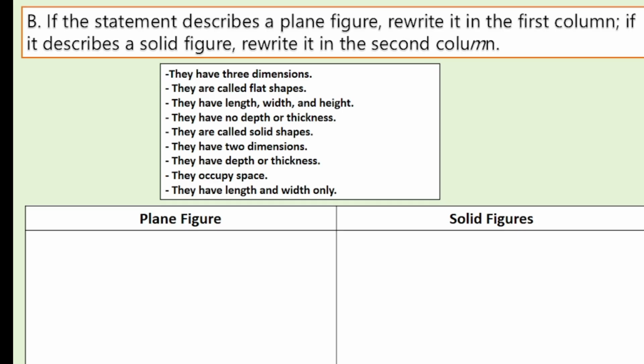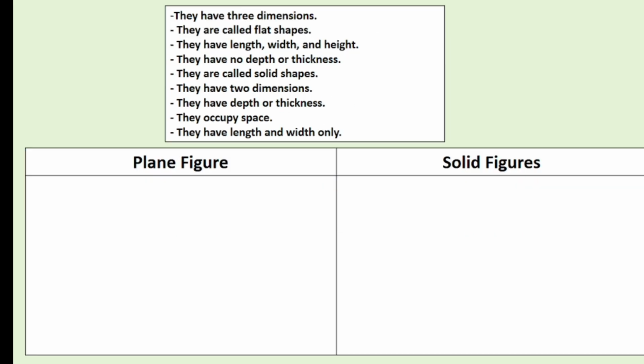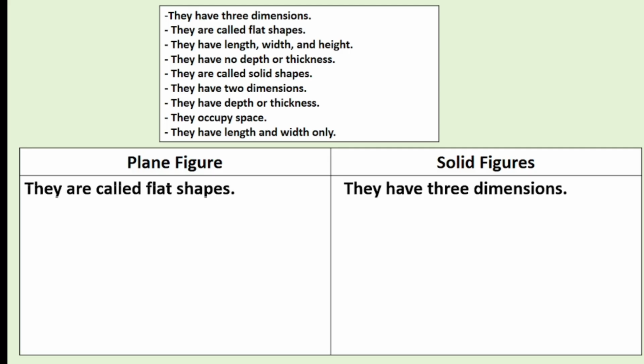Letter B. If the statement describes a plane figure, we write it in the first column. If it describes a solid figure, we write it in the second column. We have three dimensions. Solid figures. They are called flat shapes.